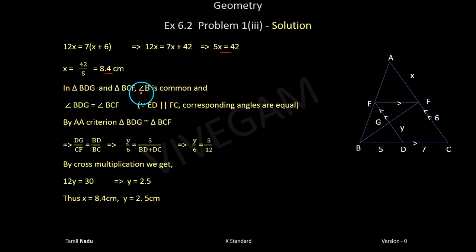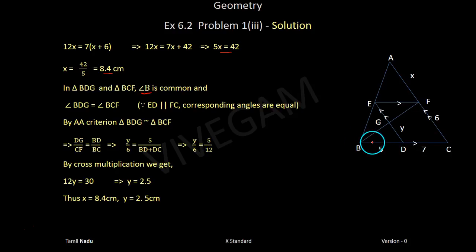You can see, angle B is common. Actually, it's not angle B. It's a mistake, I'll correct it. The angle B is the whole thing. Actually, that's not right. It is DBG, which is common in both the triangles, so DBG will be equal to CBF. Technically, for these two triangles, this is angle B. Okay, that's fine.